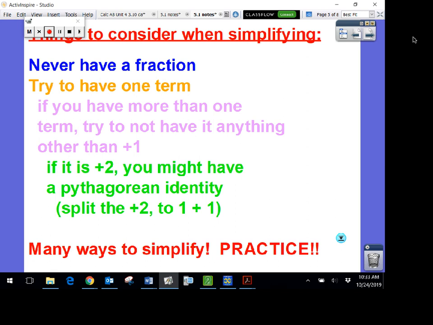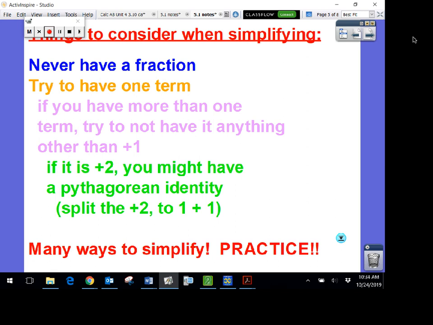So this is just kind of an expanded version. If you printed your notes, it's a little bit more concise. So I said on your notes, that first example, it says, do you have a fraction? Okay? If you have a fraction, you can get rid of it. You want to try to have one term. Okay? So if you have more than one term, look and see, is one of them squared?